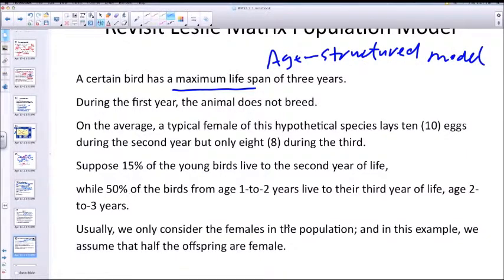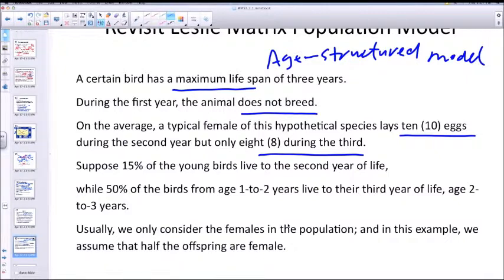During the first year, the bird does not breed. You may remember, the female in the second year lays 10 eggs, and in the third year lays 8 eggs.